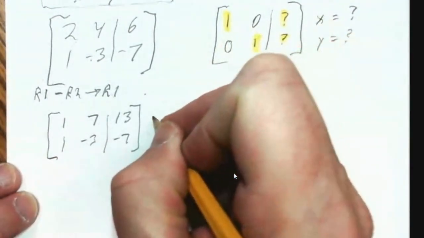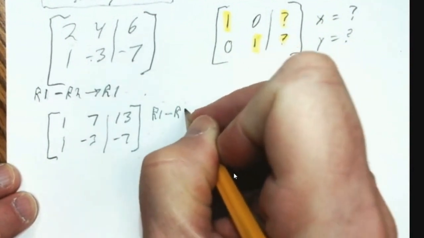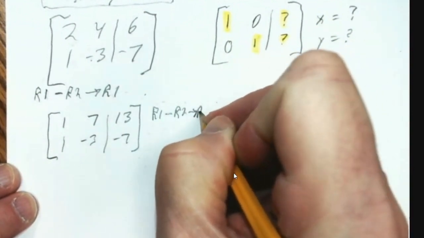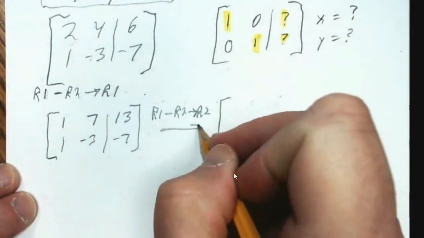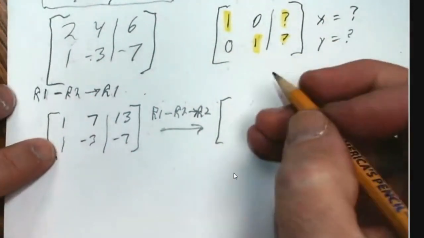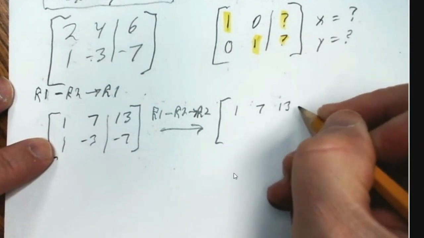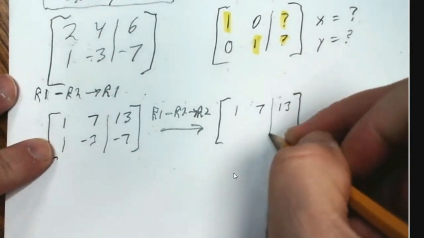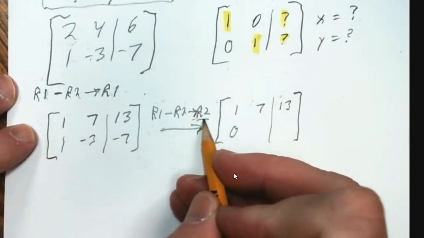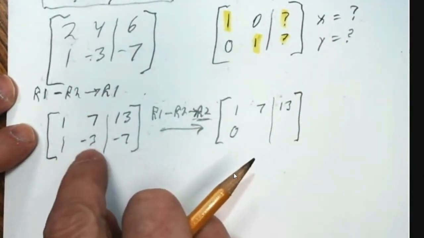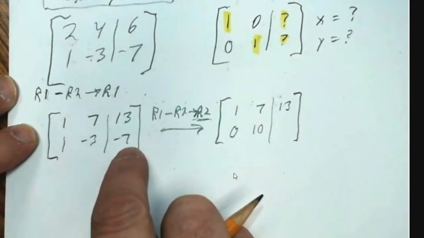So if I do row 1 minus row 2 and replace row 2, 1 minus 1 is 0. I'm not doing anything to the first row this time. I'm replacing row 2: 7 minus negative 3, 13 minus negative 7.